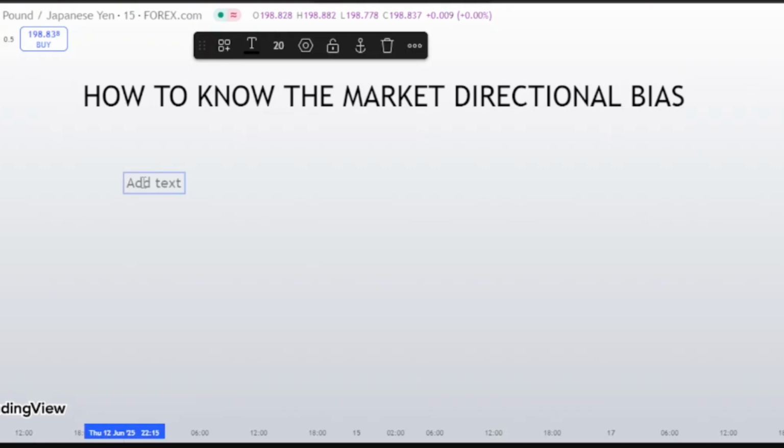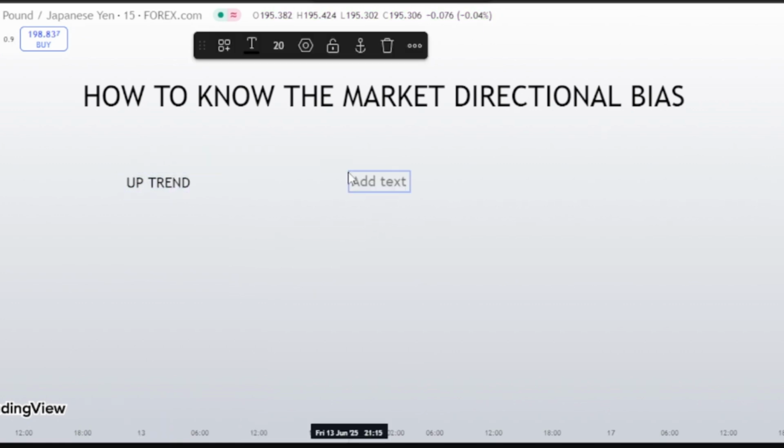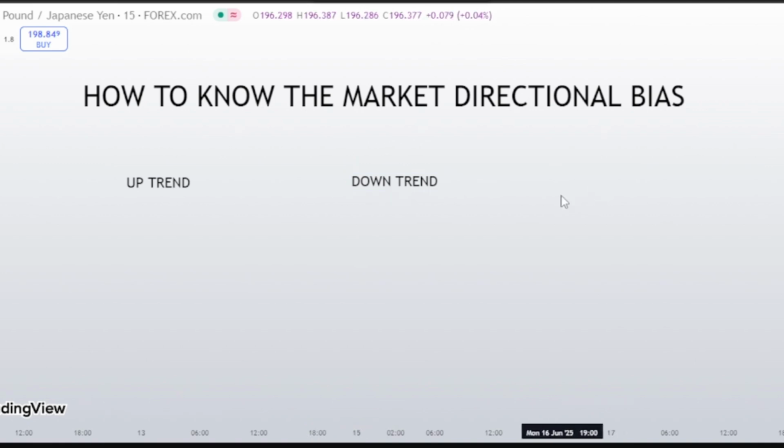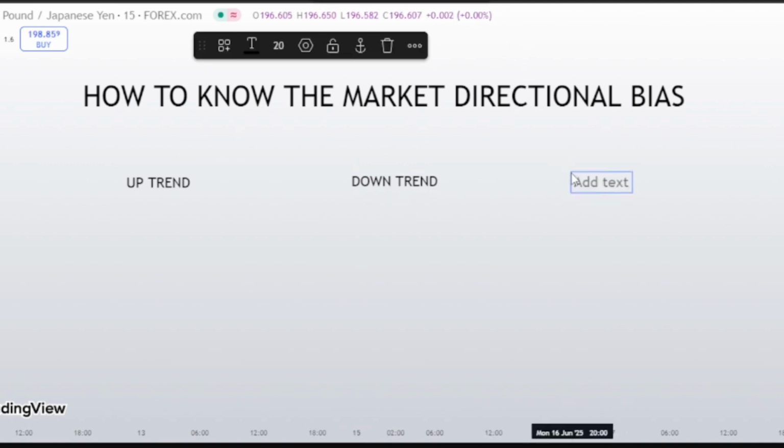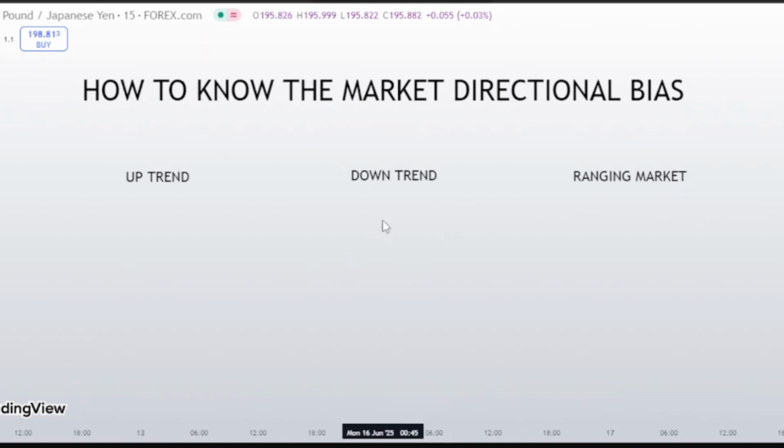So the first one is called uptrend, and we also have downtrend, and the third one is the ranging market. I'll be sketching it here and I will show the example on the chart as well.